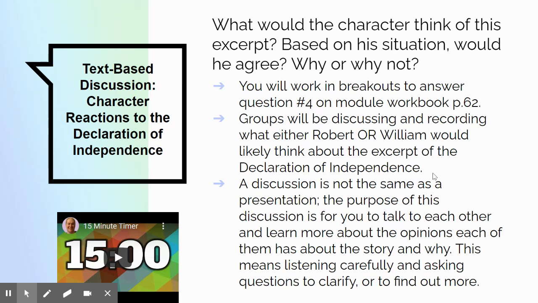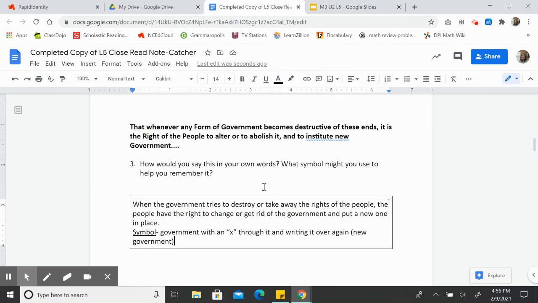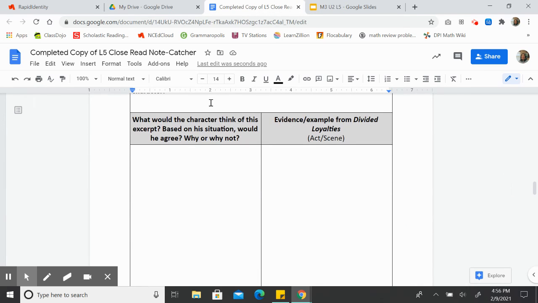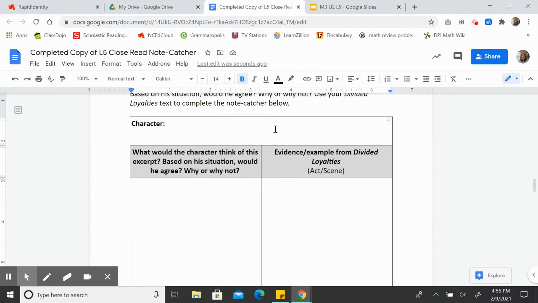Okay. So in the left-hand column, you need to complete, let me actually pull it up so you can see it. In the left-hand column, you need to fill in his name here, either Robert or William. Tell me what you think he would think of this excerpt. Would he agree with it? Why or why not? And I want you to give proof from Act 1 or Act 2, Scene 1 that we read yesterday.